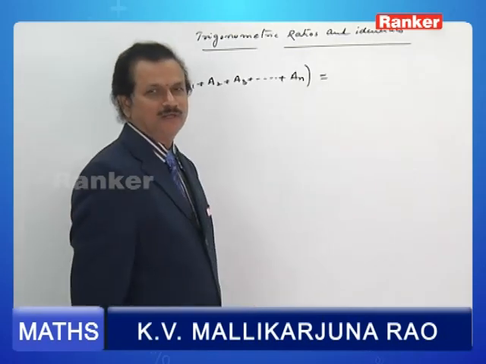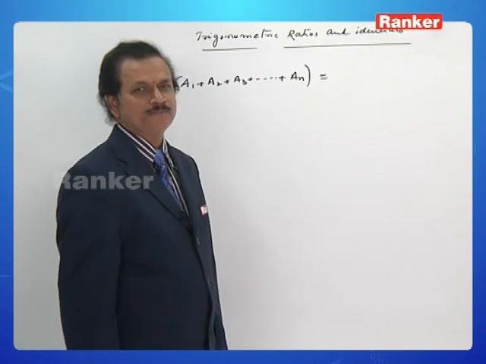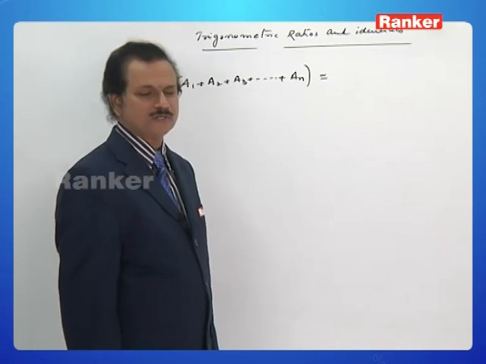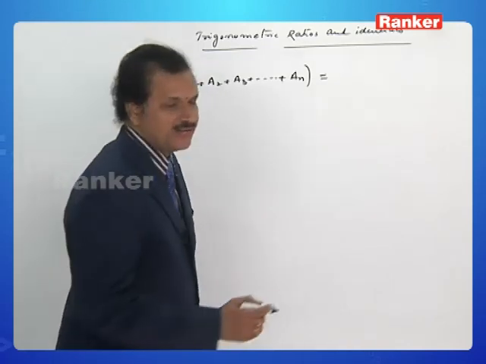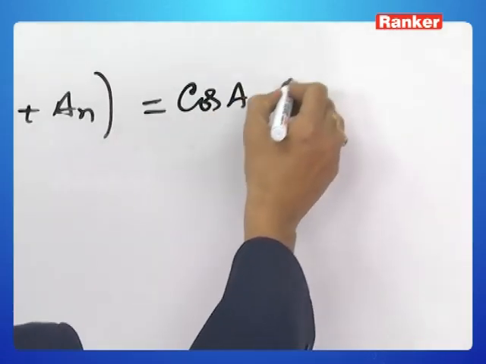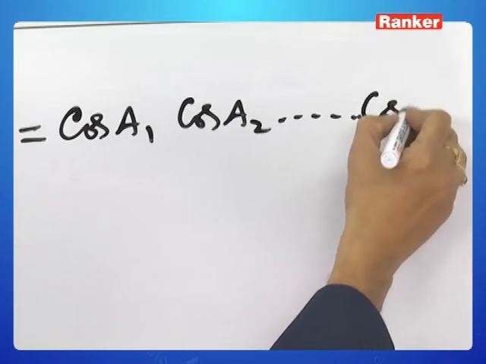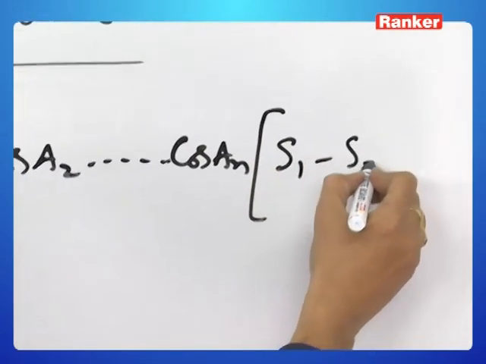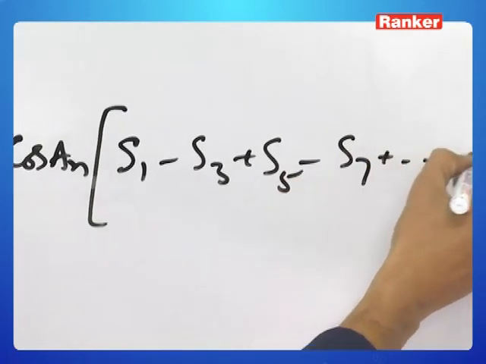In sin A plus B, you could have got cos A cos B out. In sin of A plus B plus C, you could have got cos A cos B cos C out. And in sin of A1 plus A2 plus A3 plus etc. AN, I am now getting cos A1 into cos A2 into cos A3 into cos AN into S1 minus S3 plus S5 minus S7 plus and so on.